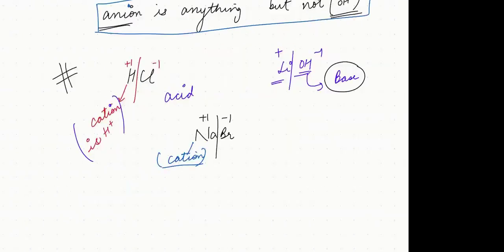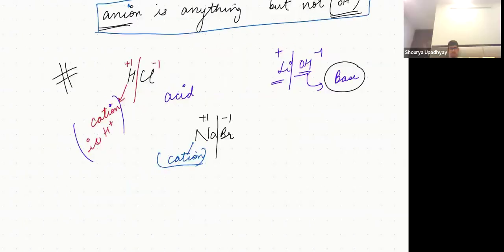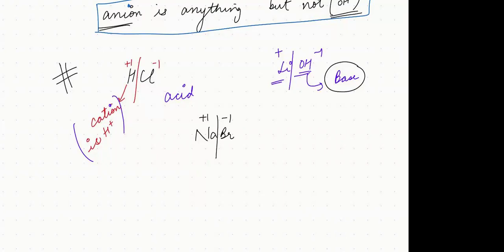Did you understand? Yes, ma'am. So this is a cation, and this is the anion. And the anion is anything but OH negative, and the cation is anything but H plus.